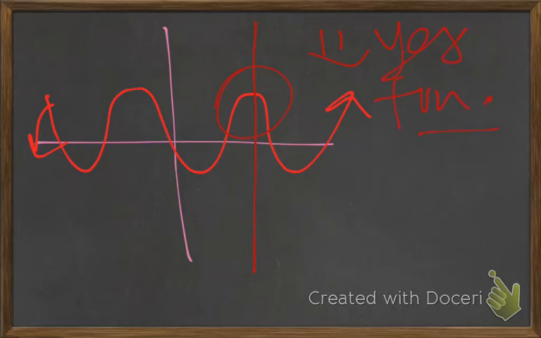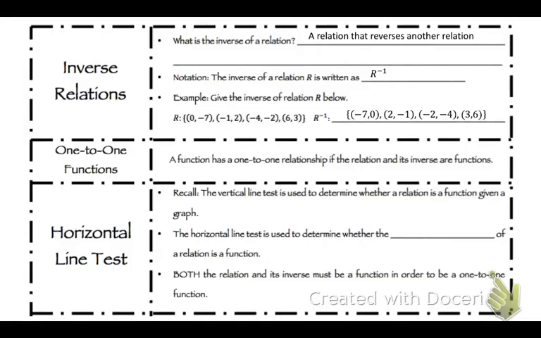But if we go this way, notice it hits there, there, infinitely many times. So that means the inverse is not a function. That's what the horizontal line test tells us. The horizontal line test is to determine whether the inverse of a relation is a function. And both the relation and its inverse must be a function in order to be one-to-one.